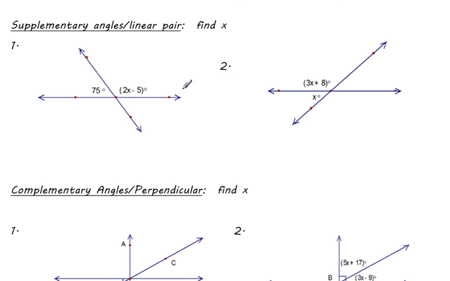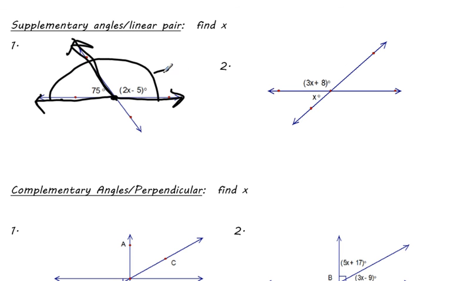Alright, we have supplementary angles and linear pairs. Remember, linear pairs are formed by two opposite rays. One ray is going this way, one ray is going this way, and they are adjacent, so they share a common ray between them. And a linear pair has a sum of 180 degrees. So that's what I do.